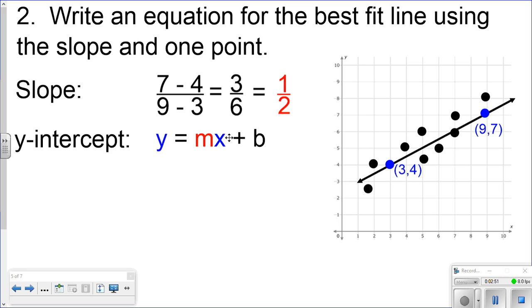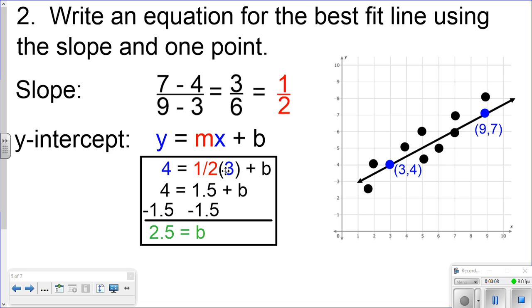So I'll start with our equation y equals mx plus b. This time I know a y, I know an x, and I know an m. I just need the b. So I get the y and the x from either of these points. It doesn't matter. So I'm going to use the 3, 4 point just because it's a little easier numbers.